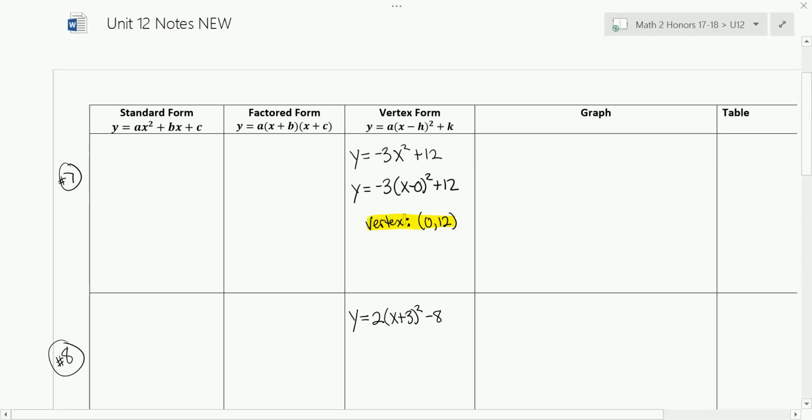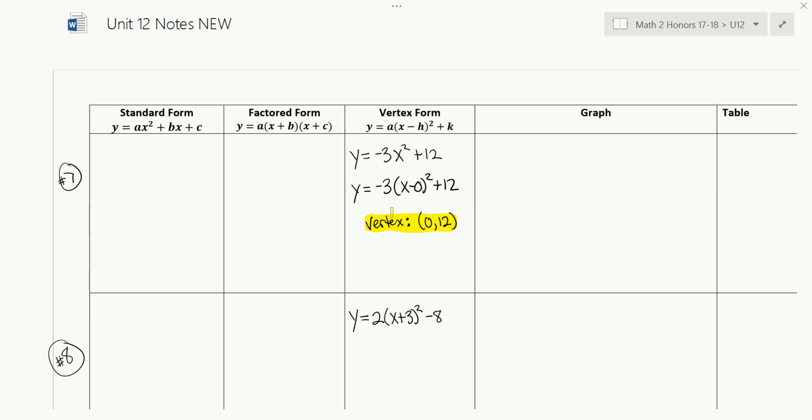All right. Then from there, we want to find our standard form. And the way you find your standard form is you multiply everything out. But there's nothing to multiply out here. Well, it's 12 being squared.